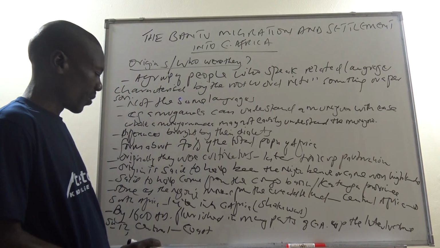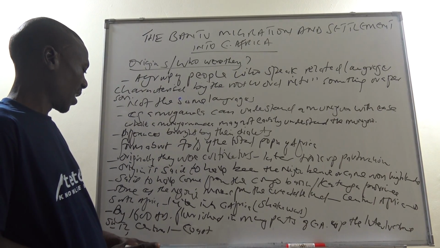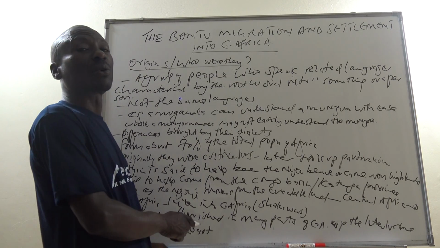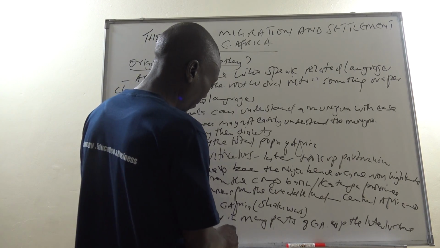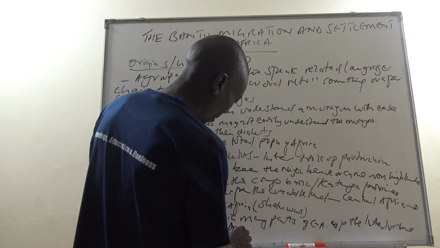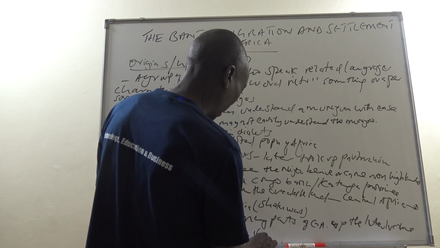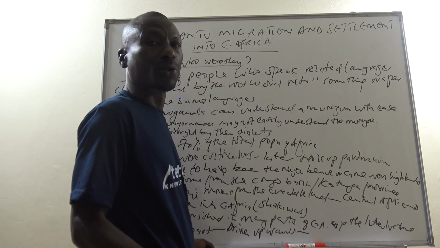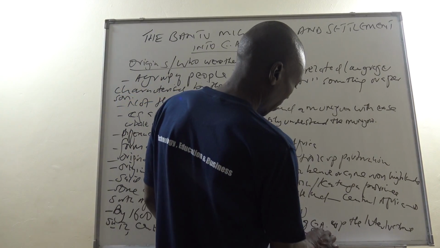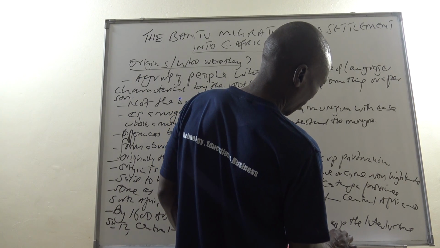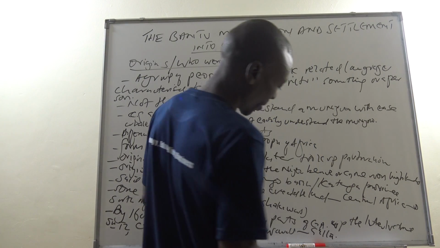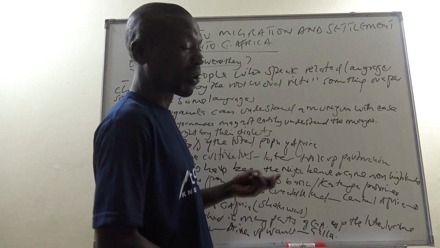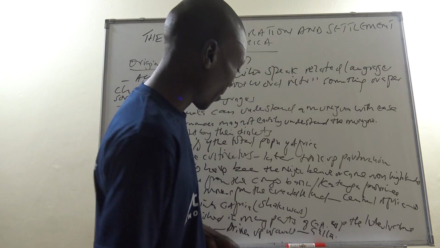Why? Because they were being driven out by the original inhabitants. And while at the coast, they were also driven upwards. By who? By the notorious group called the Galla. And that's why we shall see a group which later came to be known as the Coastal and Highland Bantu.